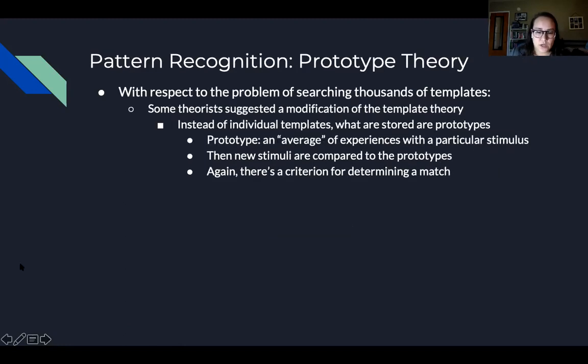And so there was another theory that developed out of these critiques and this breakdown of template matching theories to try to address some of the issues. This is called prototype theories. Within this theory, prototypes are thought to be more flexible sorts of templates.